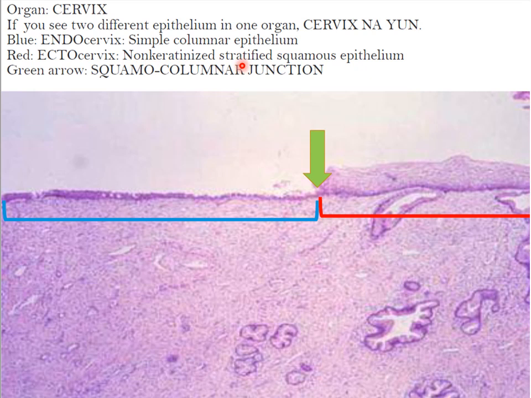Ano ulit ang non-keratinized stratified squamous? Madaming layer of flat cells pero walang keratin. Okay? So, itong sa part na to, sa gitna na to, this is what we call the squamo-columnar junction. And itong part na to, ito yung point na madalas makikita ang mga cervical cancers.